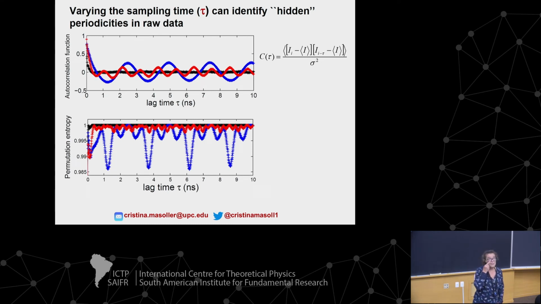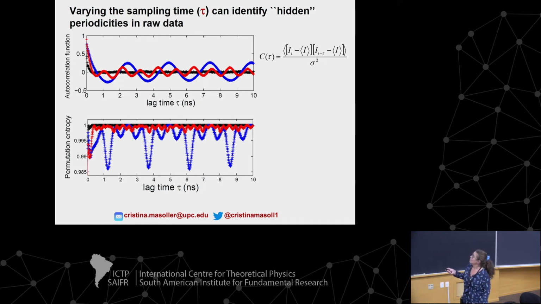Now, if we calculate the permutation entropy, we see this. So basically, the permutation entropy is a nonlinear measure that allows you to amplify nonlinearities. And you can see here that there are some lags in which the system becomes more ordered. There is more order because the entropy decreases. Not too much. You can see the values are very high, close to the maximum, normalized to 1, the maximum possible entropy.